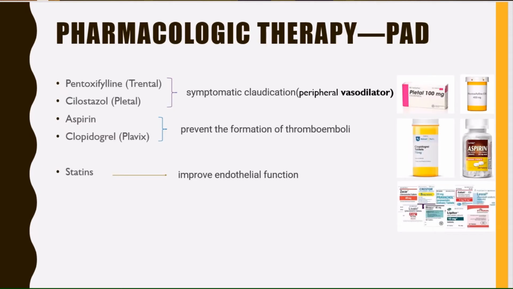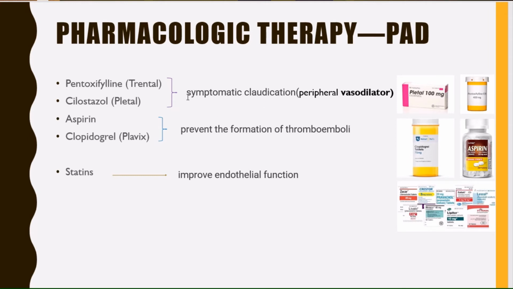Pharmacological therapy, again, these are common medications. Please review this medication in your pharmacology book. Review the assigned chapter for this class in your pharmacology book. The common ones again: Trentol, Platol, aspirin, Plavix, statins.